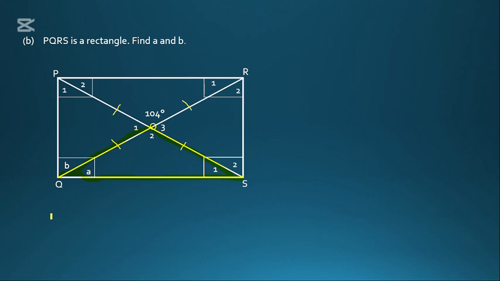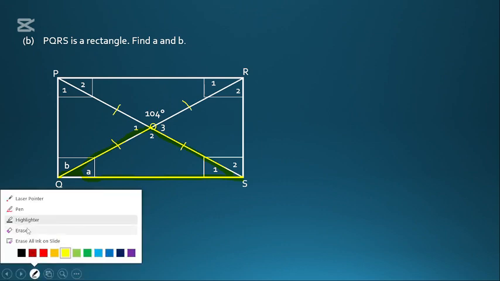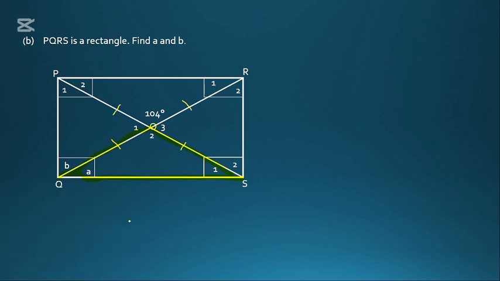Okay, where do we start now? You can see here, these two sides are the same. So we actually have an isosceles triangle here. And it is possible to find 2, because 2 and 104 are vertically opposite angles. Right, so 2 is equal to 104, vertically opposite angles.